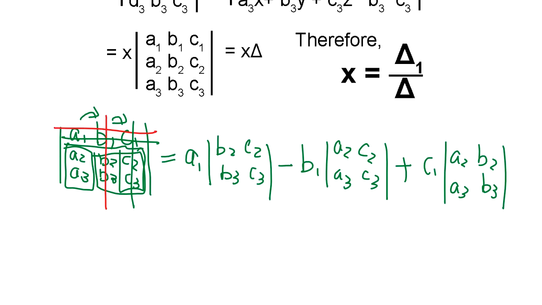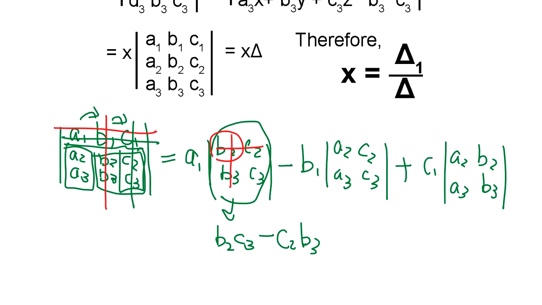Now this determinant is broken into b2, c3 minus c2, b3, because the same rule applies. When you take this, this is the remaining, and if you take the next one, then this is the remaining. So that's the way it's broken down, the same way.